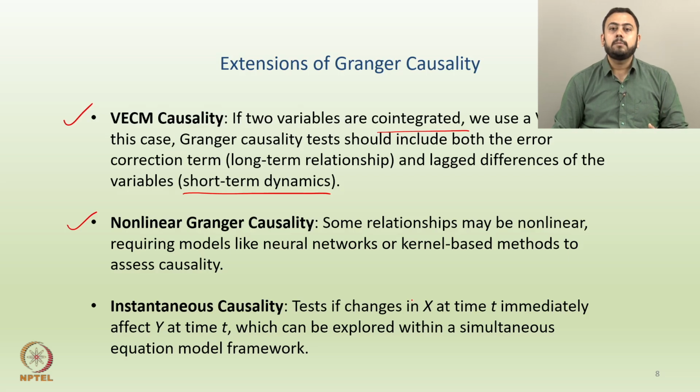Some relationships may be non-linear, requiring models like neural networks or kernel based methods to assess causality. If xt and yt are non-linear to start with, a standard Granger causality test might not be useful, so we can extend it to something like a non-linear Granger causality.